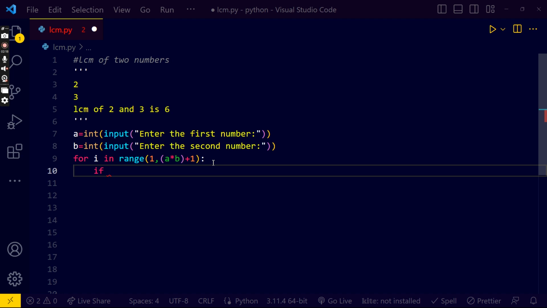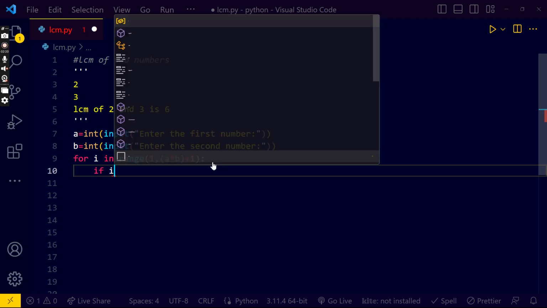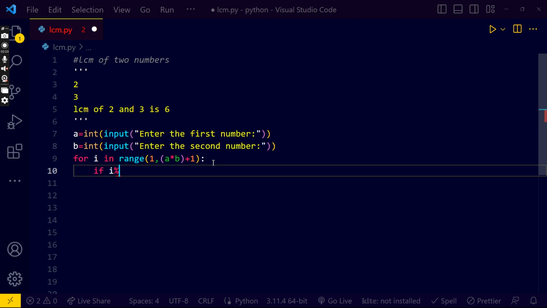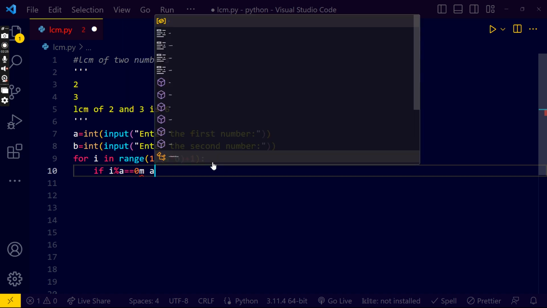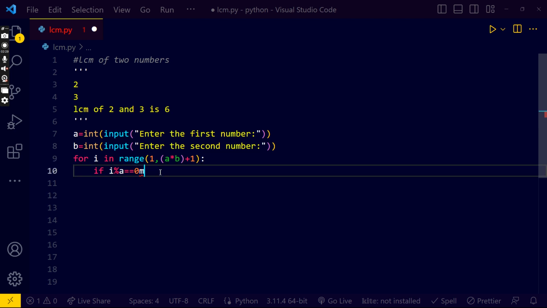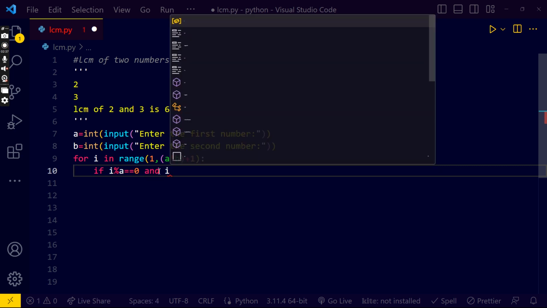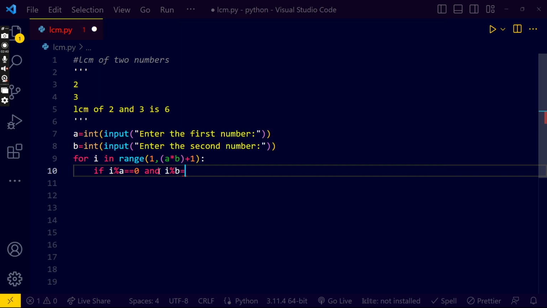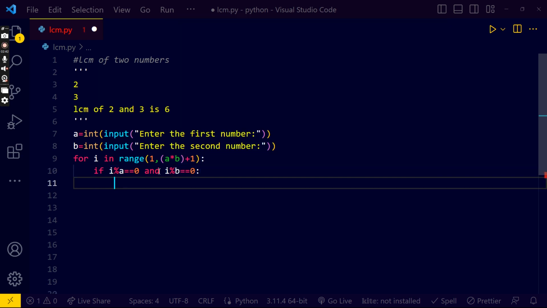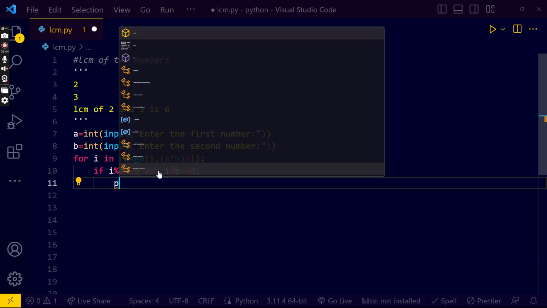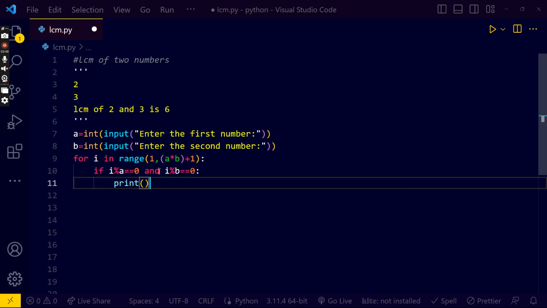Next, I'm giving the condition now. If i modulus A equals 0, it should give me by both, right? And I'm using the and operator, i modulus B equals 0, then print.